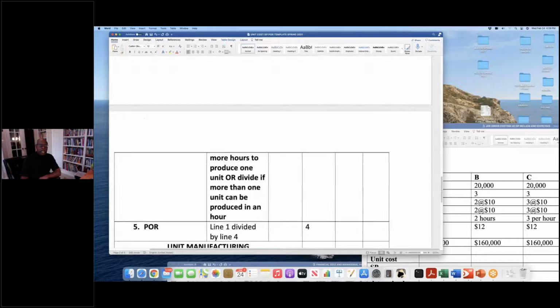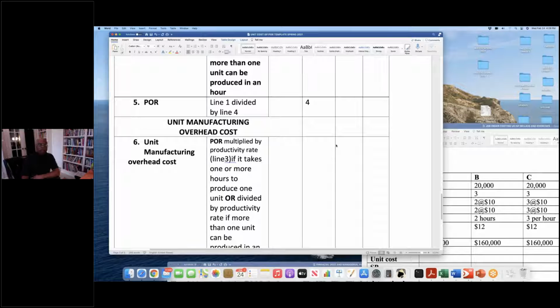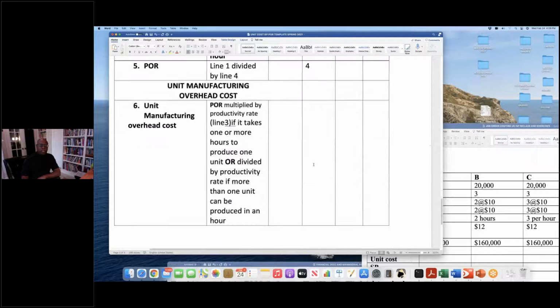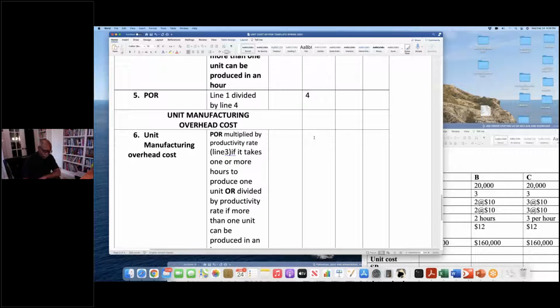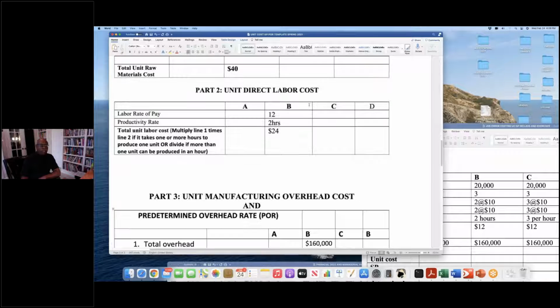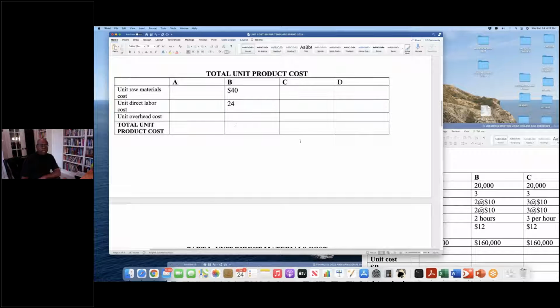Now I need the unit manufacturing overhead cost. The POR you just got is multiplied by the productivity rate, which is line 3. So 4 times 2 hours gives us 8. Now we put the 8 here.